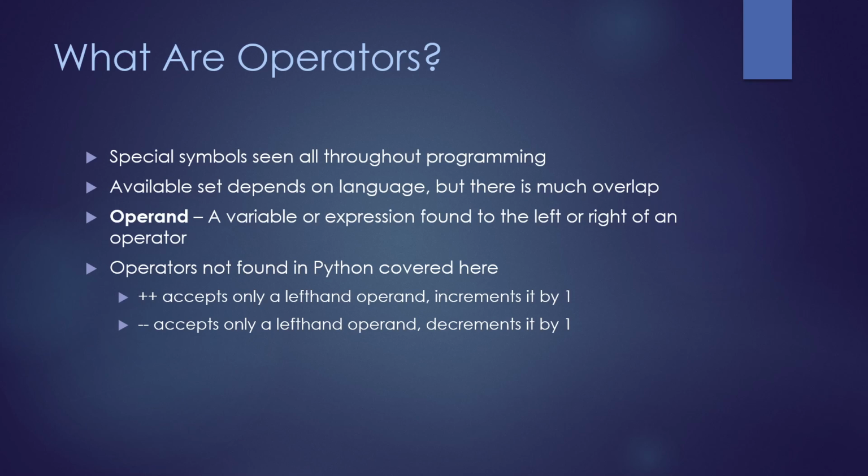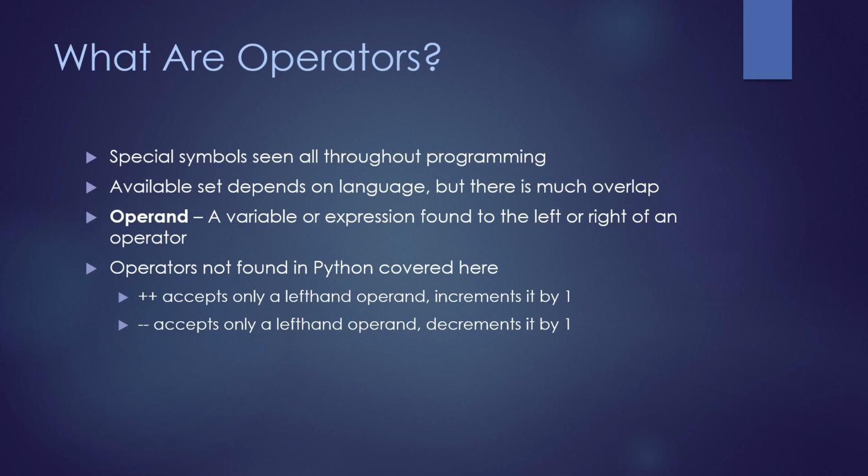And the one on the left is obviously called the left-hand operand, and the one on the right is the right-hand operand. Generally speaking, when we're talking about operators that take both sides, that take a left and right-hand operand, that operator is going to work from right to left. And we'll see what that means when we get to some more specific examples.